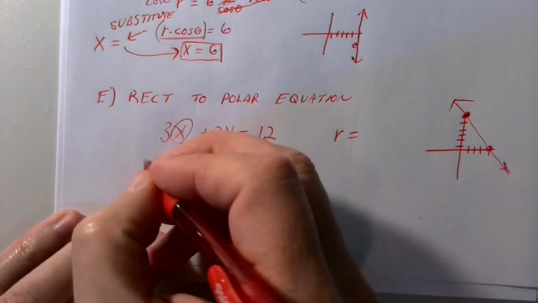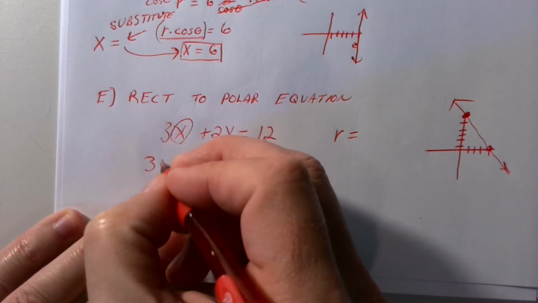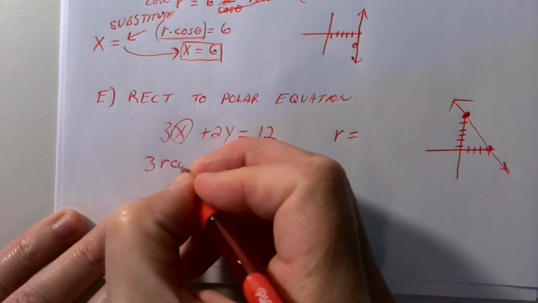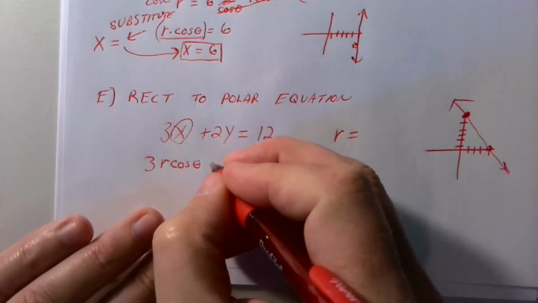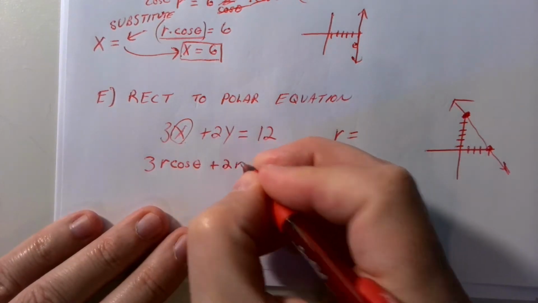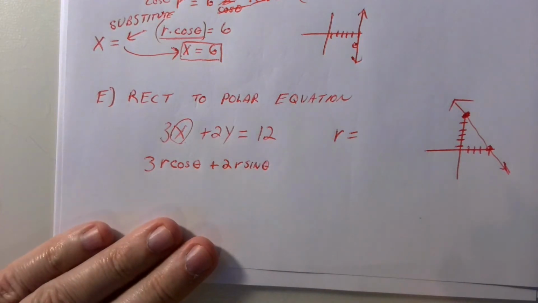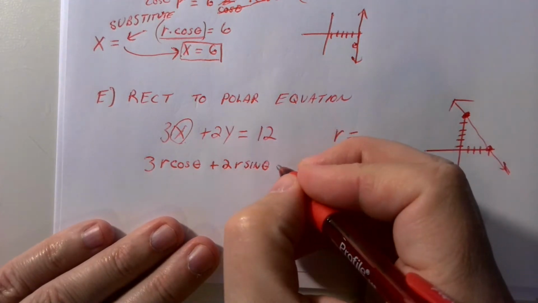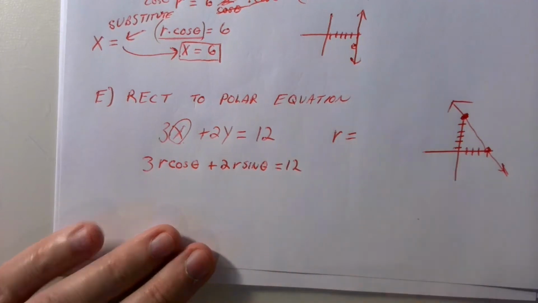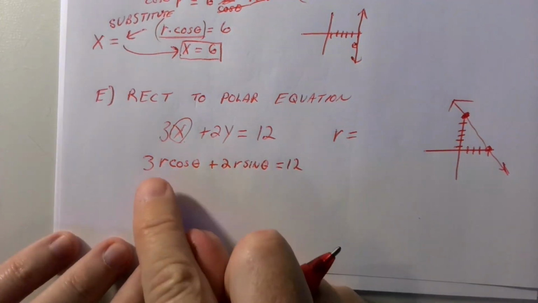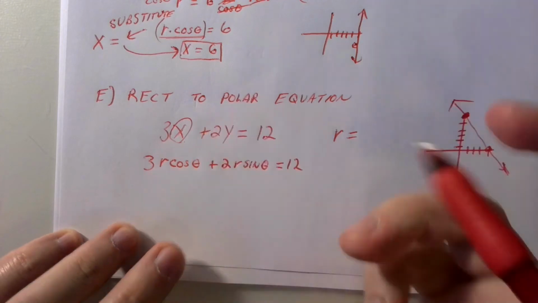Well, that's r cosine theta. So I got 3 r cosine theta plus 2 r sine theta, because that's what y is, right? Equals 12.